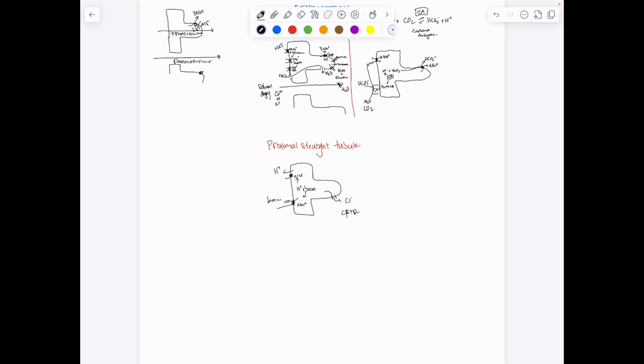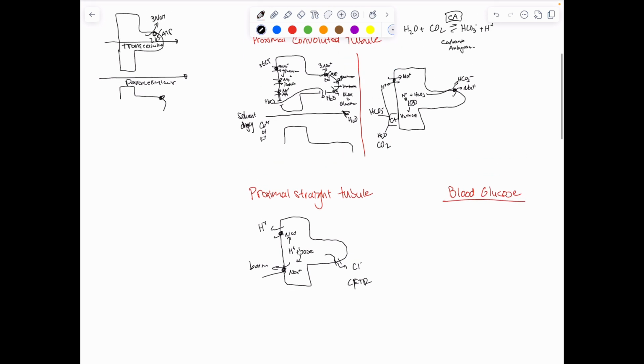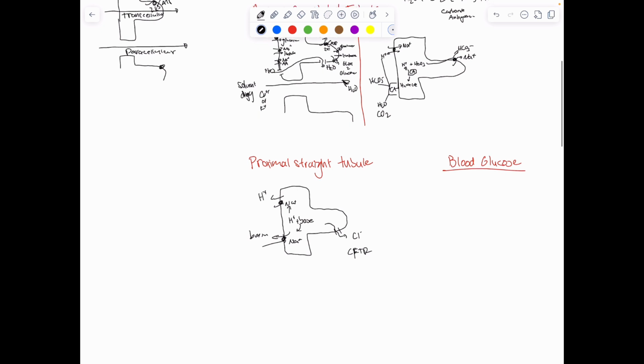And one thing that is important to mention is when we're talking about blood glucose, so our blood sugar, it's important that we're within these values. Normally we have 70 to 180 millimeters. So that's going to be normal.